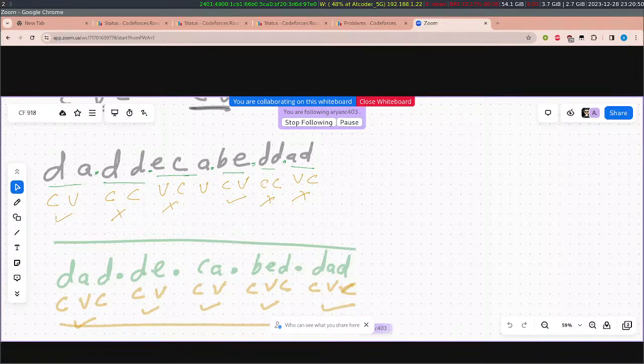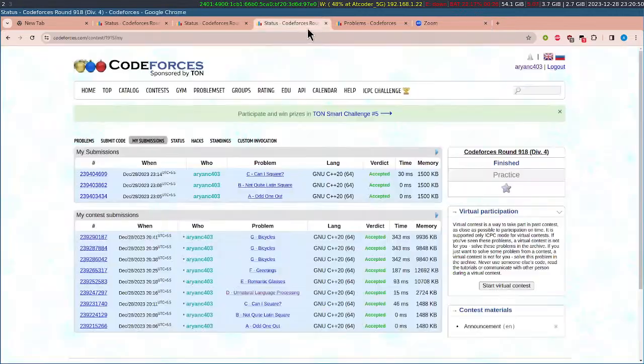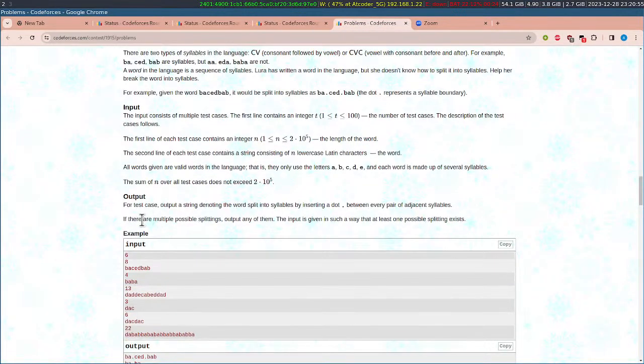The problem statement also says that if there are multiple possible ways of splitting, output any of them. And the input is given in such a way that at least one possible splitting exists.